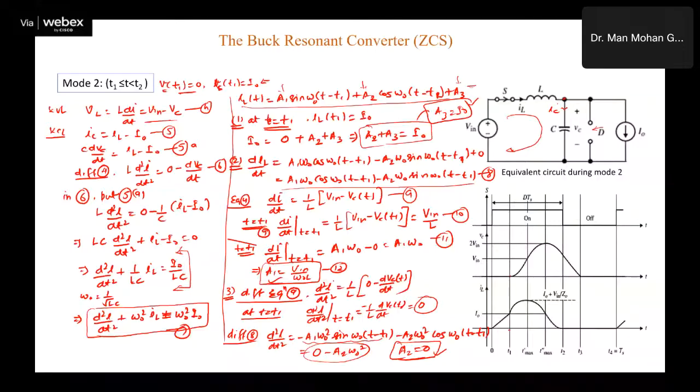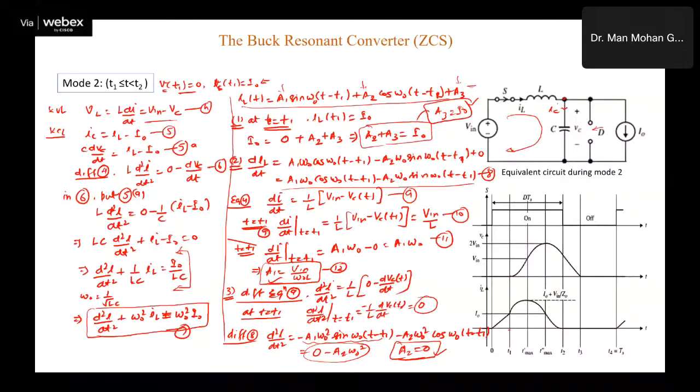So this positive voltage is there. As long as this positive voltage is there across the diode, it will be reverse biased only. So we ensure that it is off. And as soon as it was off at t equal to t1, after that this voltage is continuously positive, so the diode will remain off.